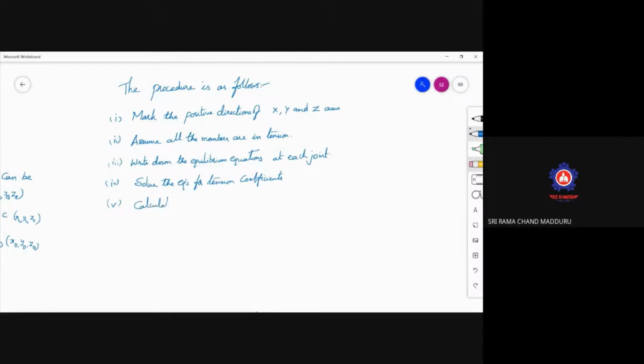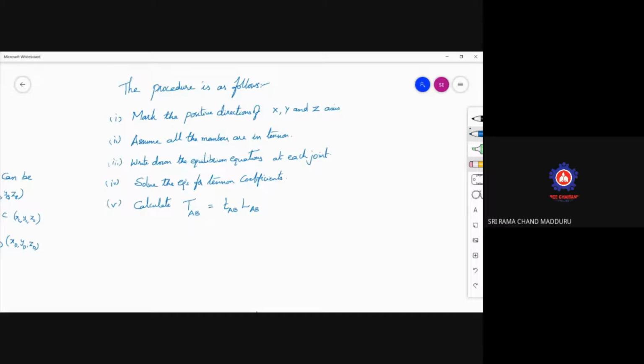Calculate the tension force in the member as TAB, small tab, into the length of the member.